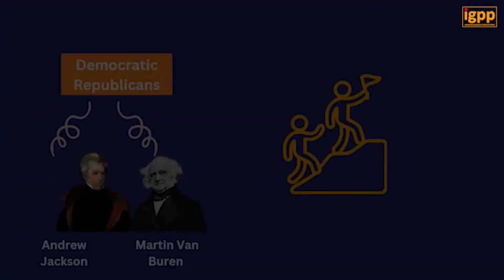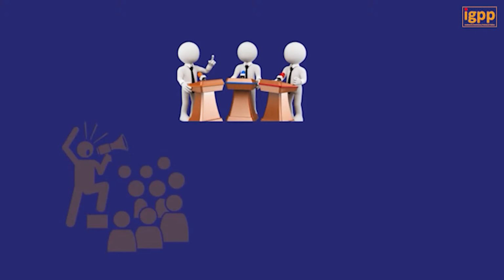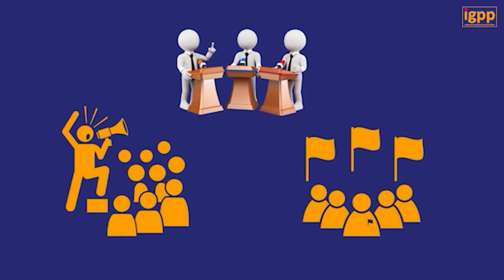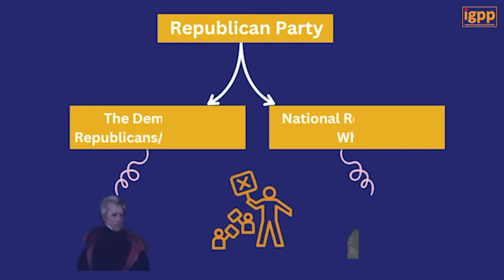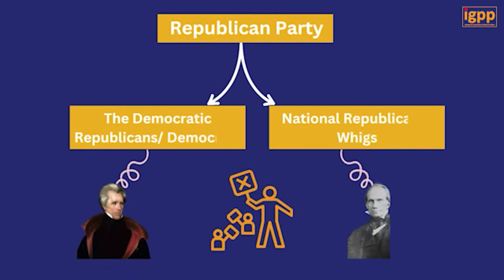In 1829, when Andrew Jackson finally took over the US presidency, the national politics polarized around Jackson and his opposition, and two parties grew out of the old Republican Party. The Democratic Republicans, or Democrats, adhering to Jackson, and the National Republicans, or Whigs, opposing him.